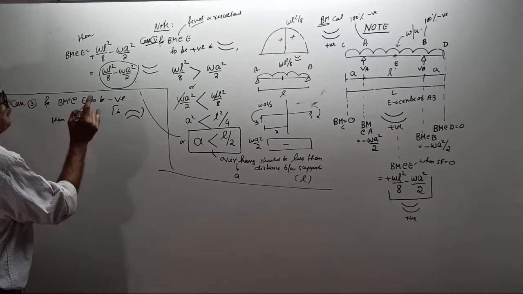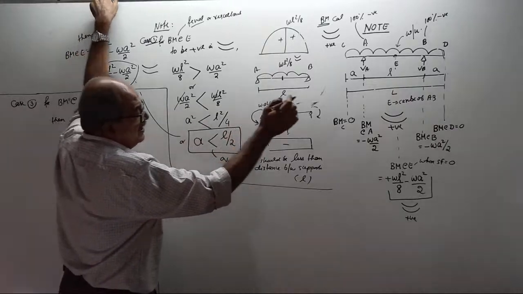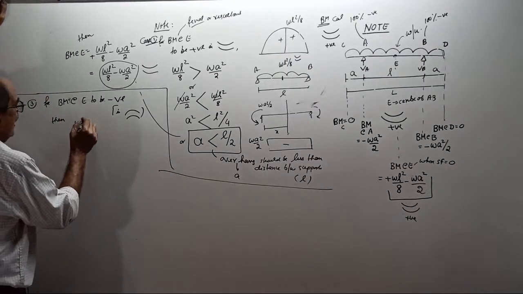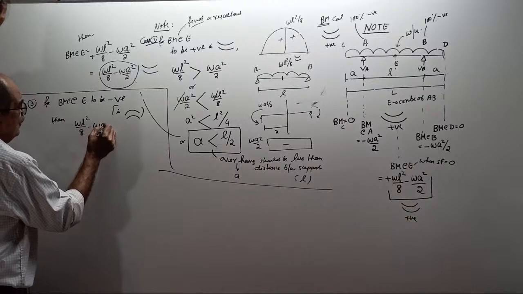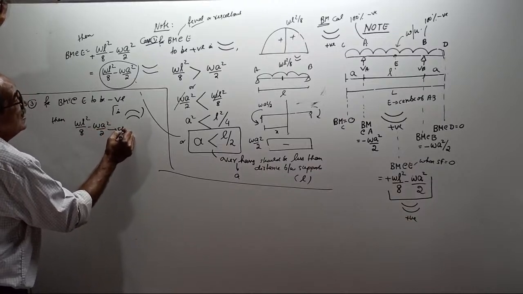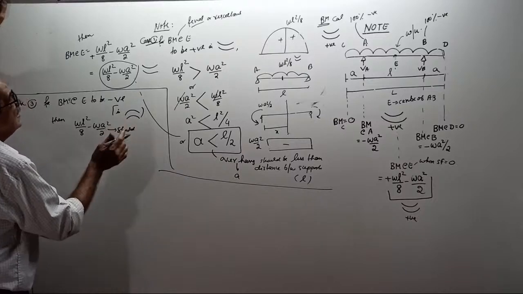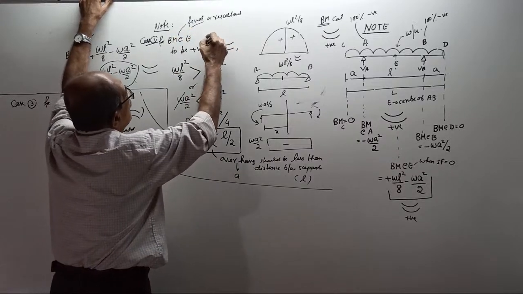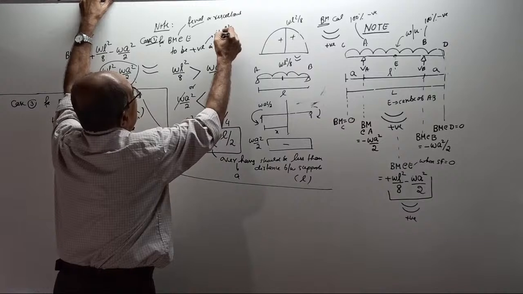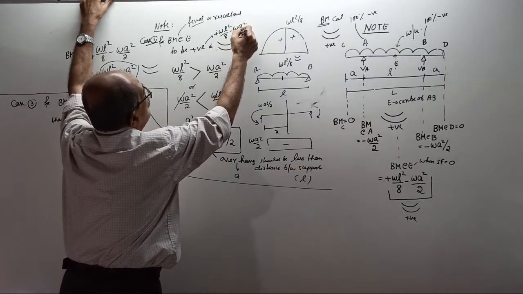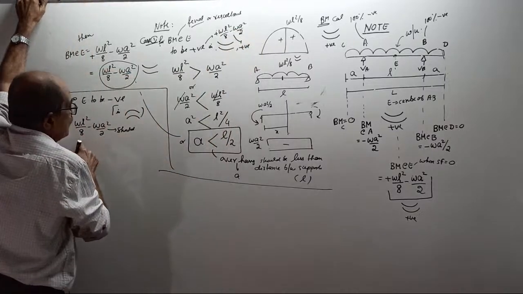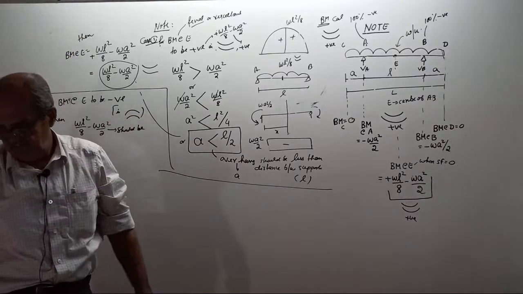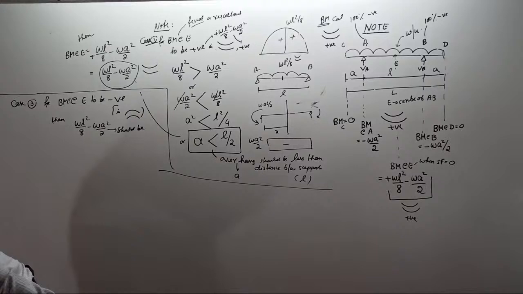Then 100%. Read here only. WL square by 8 minus WA square by 2. For BM at E to be negative, you can write one more thing: plus WL square by 8 minus WA square by 2 should be negative.